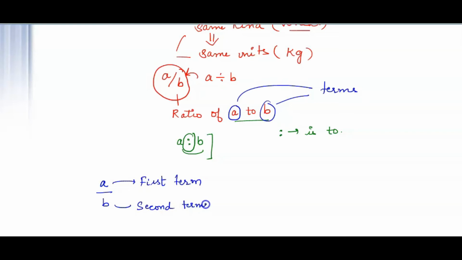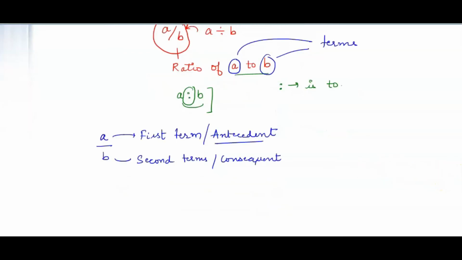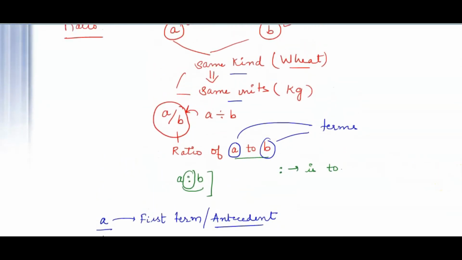So A and B can be called the first term and second term. The first term can also be called the antecedent, that is, the numerator part A is the antecedent, and B is the consequent. I hope these things are clear to you all.